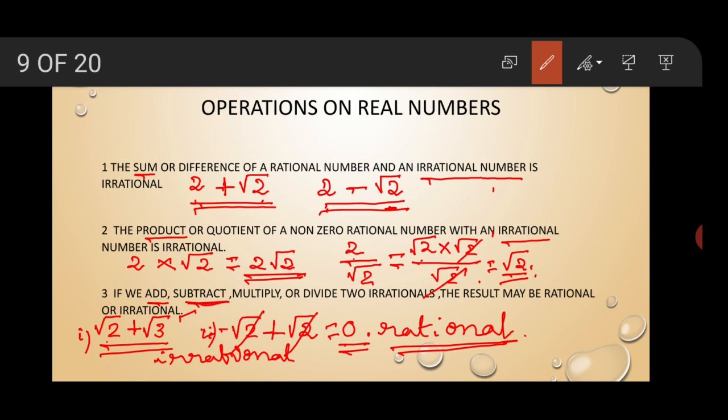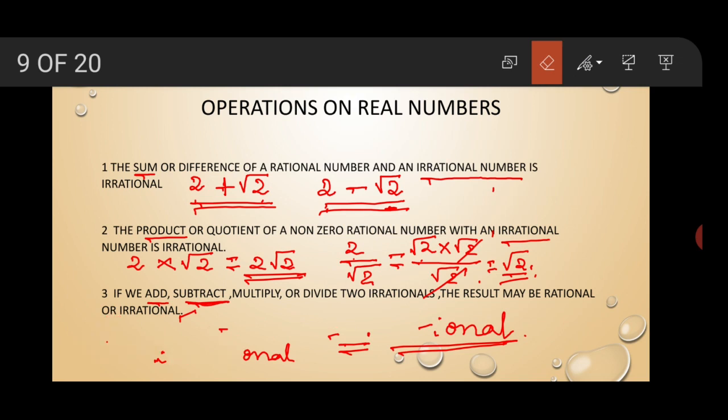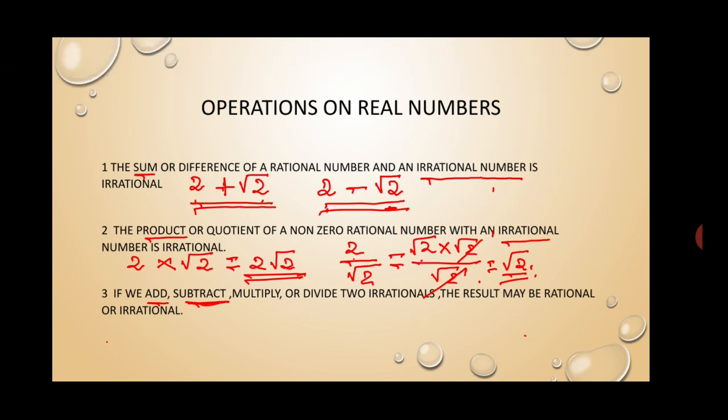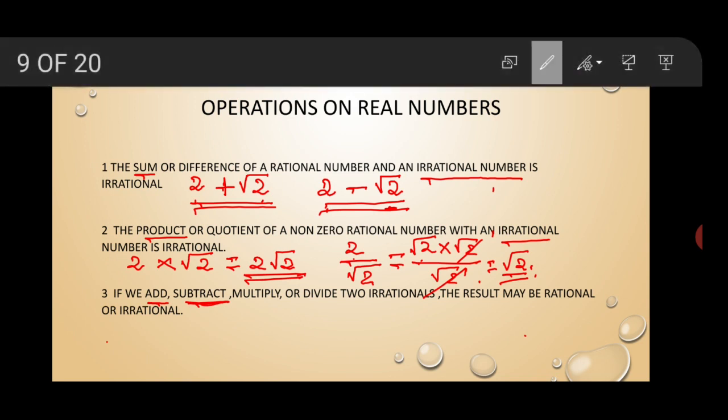Now similarly take the second operation, that is subtraction. Now take two examples. I will take two irrational numbers. What are they?